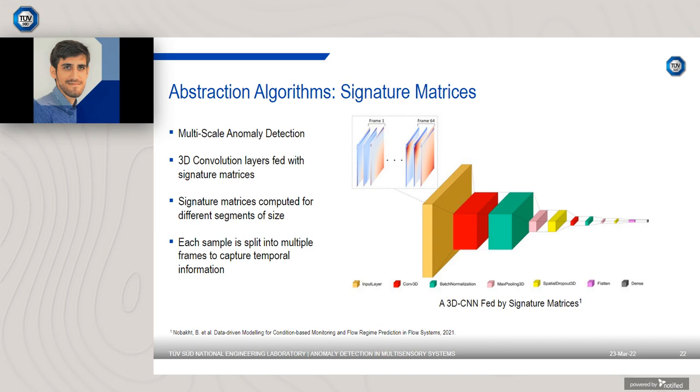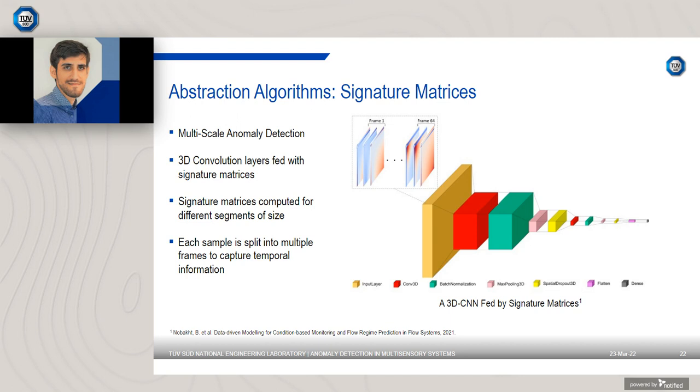Here we've got an example of application of signature matrices, just to sum up our feature learning process for today. Here we show how these signature matrices can be fed to a neural network model. This is an example of a 3D convolutional neural network. These signature matrices are taken from different segments of the data.